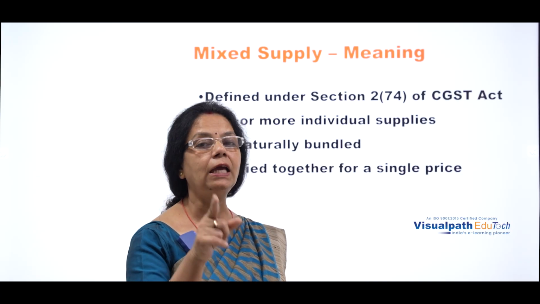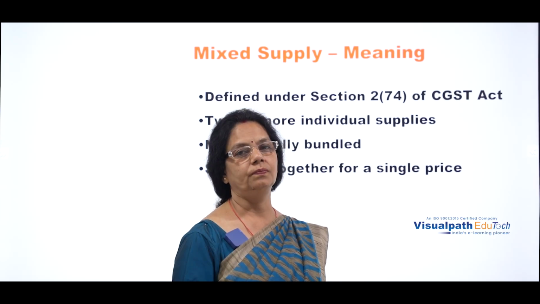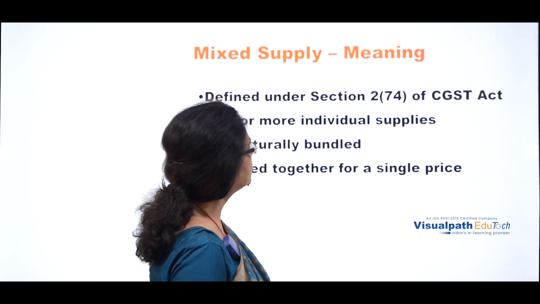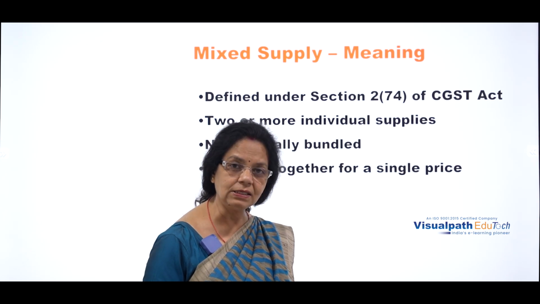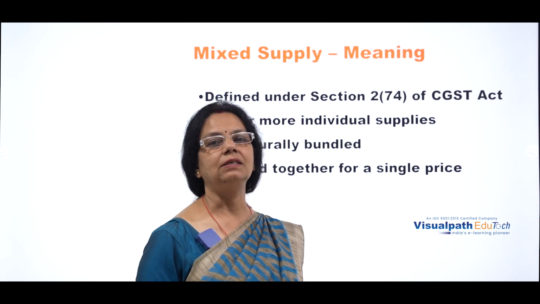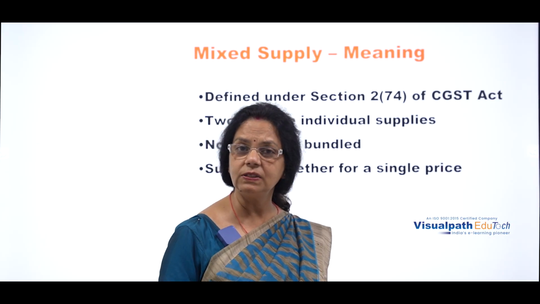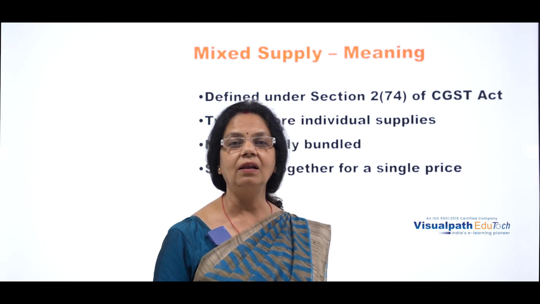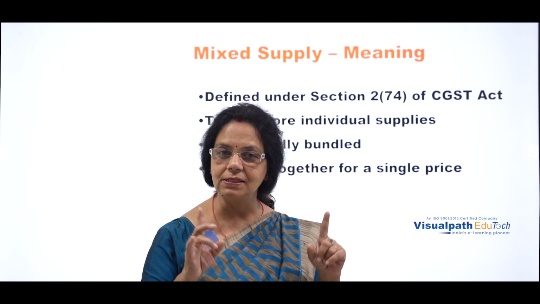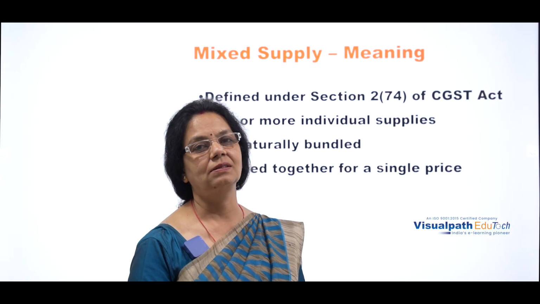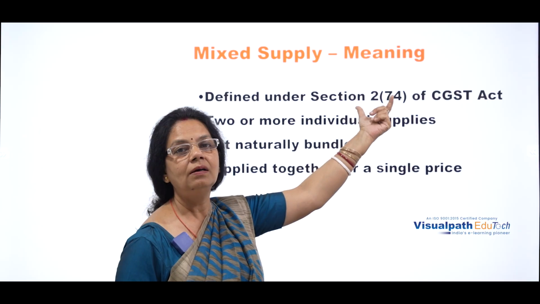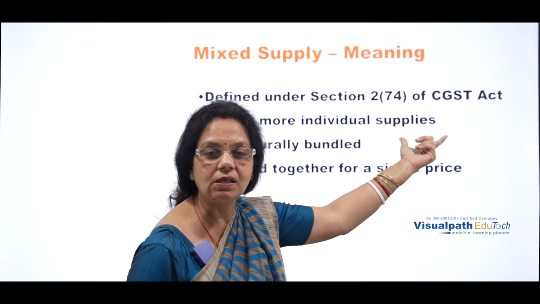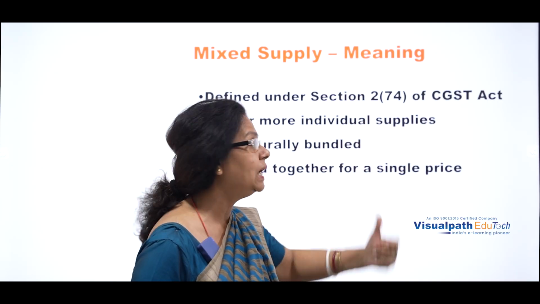It is Section 2, subsection 74 of again which Act? Yes, it is CGST. Correct. What is the meaning of CGST? Central Goods and Services Tax. Now, this definition is given under Section 2, subsection 74 of the CGST Act.